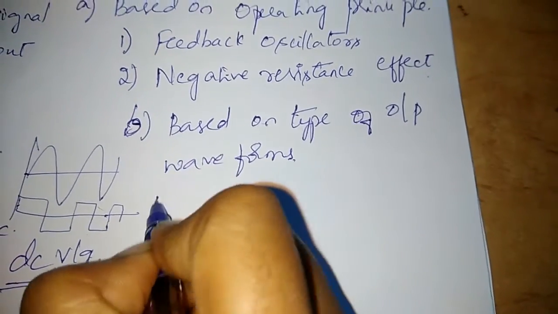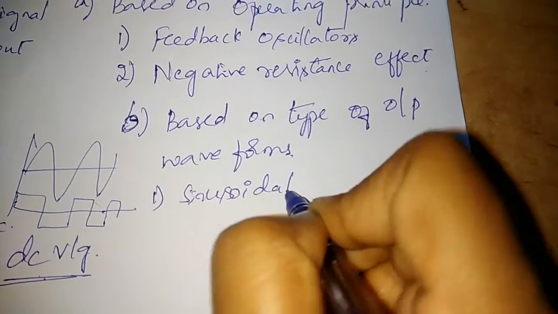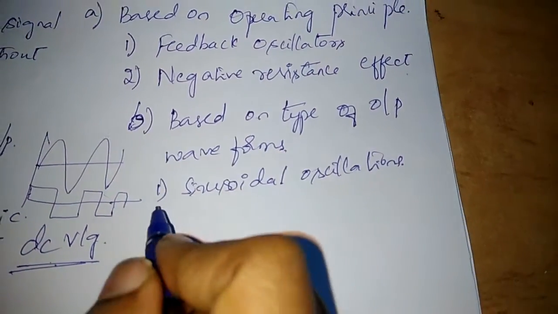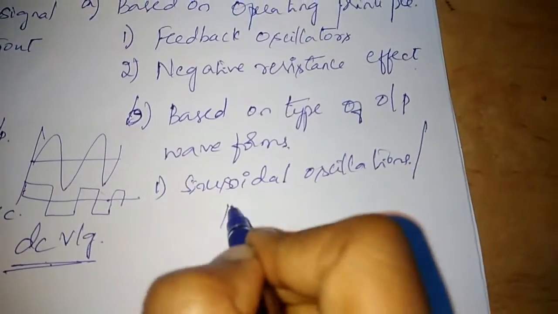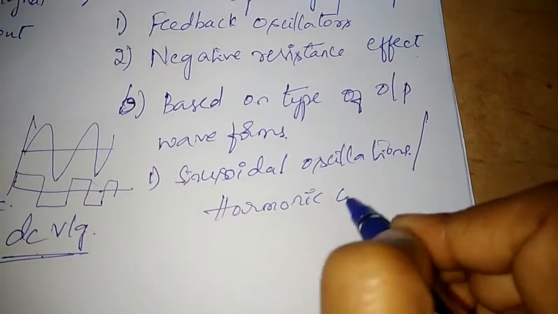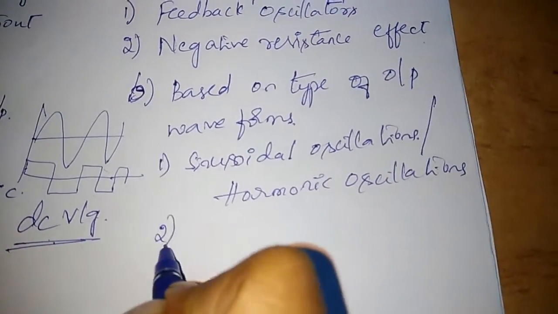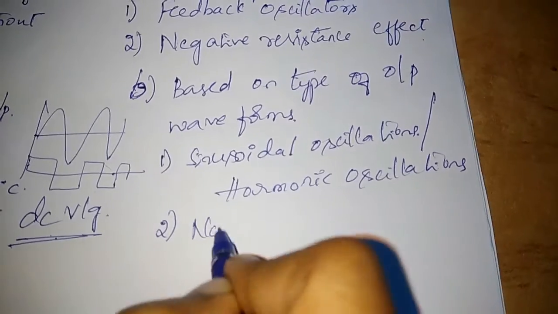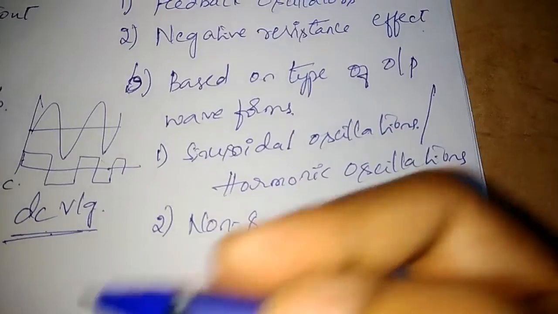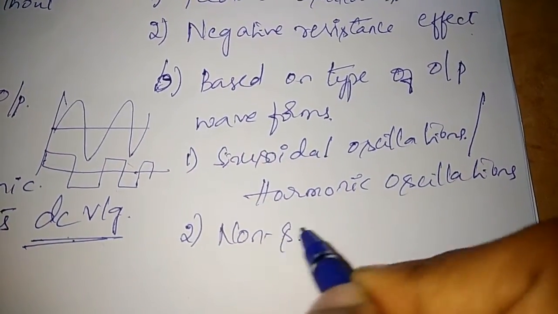If it is generating sinusoidal, we say it is a sinusoidal oscillator, also called harmonic oscillations. The second one is non-sinusoidal. Under non-sinusoidal we have different types: square wave, triangular wave, all those come under non-sinusoidal.